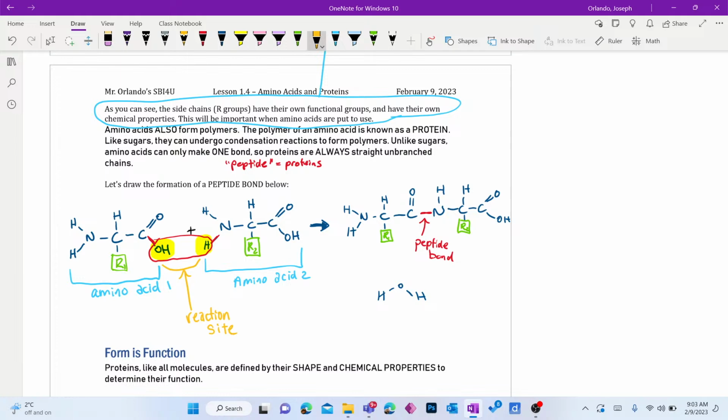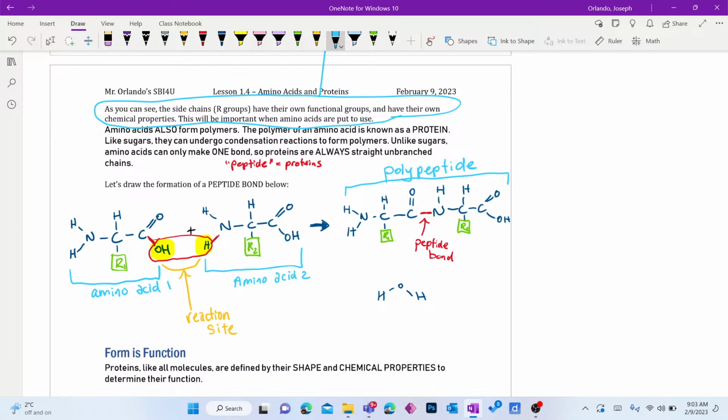We've labeled that peptide bond, and we have here the formation of what we would begin to call a polypeptide. Now, I guess that's not really true yet because so far we only have two, but it will form a polypeptide.